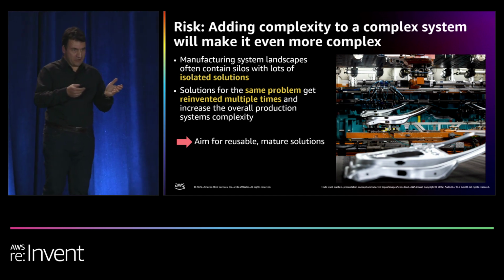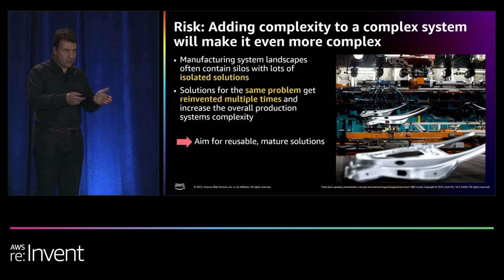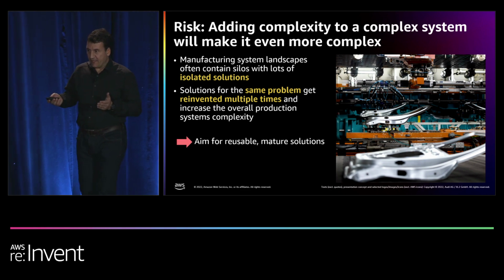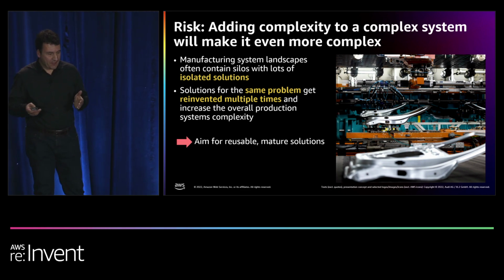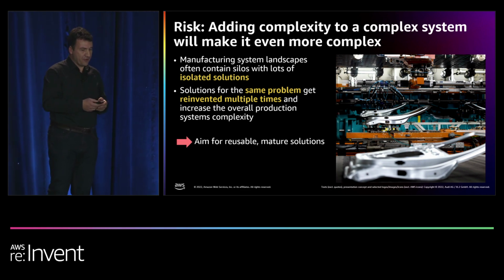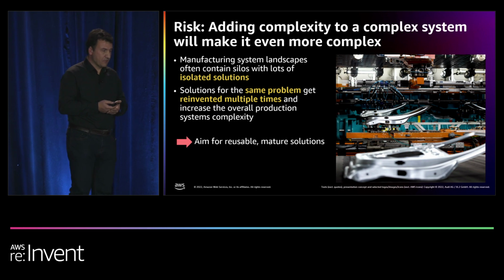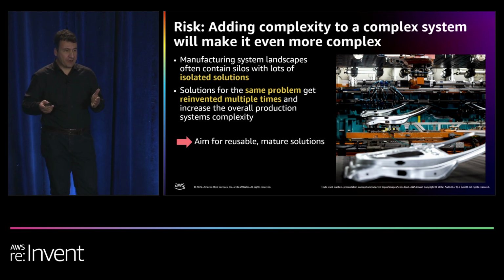We see manufacturing systems in silos, so each plant could be a silo, with isolated solutions. We see a lot of different solutions there, different machines. And what then happens is that solutions for the same problem are reinvented multiple times, and this increases the overall production system complexity.